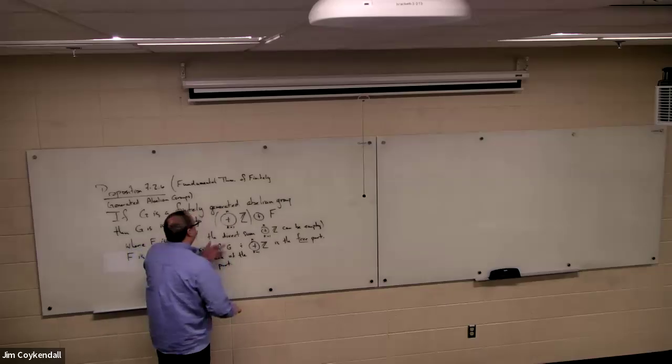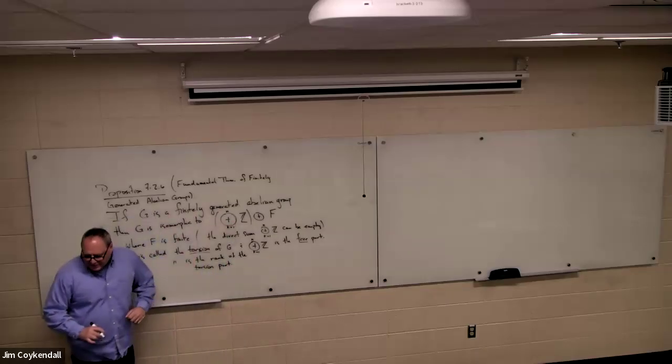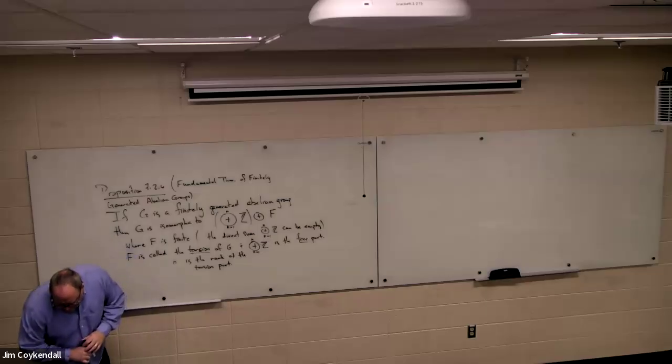So n is just the number of copies of Z that appear, if any, and if not, we can say 0.